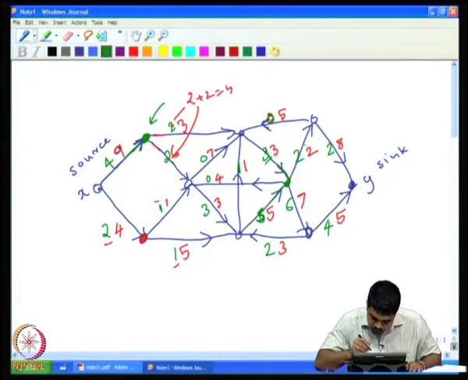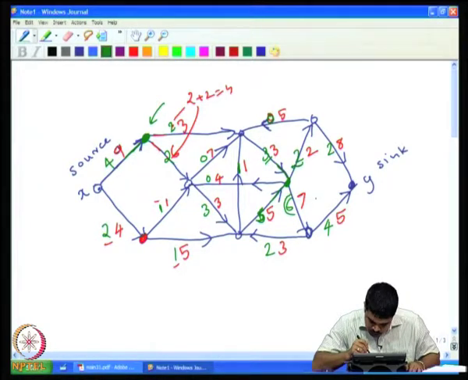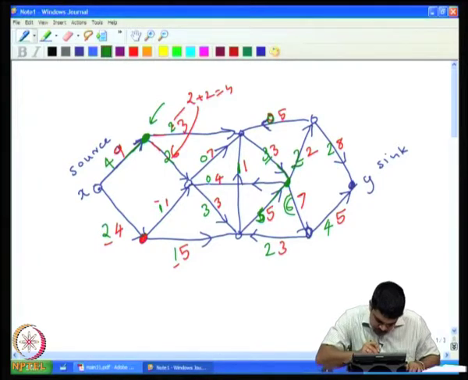On the outgoing arcs we have 2 here, 2 here, and 6 here, already 8, and here we have only 0.